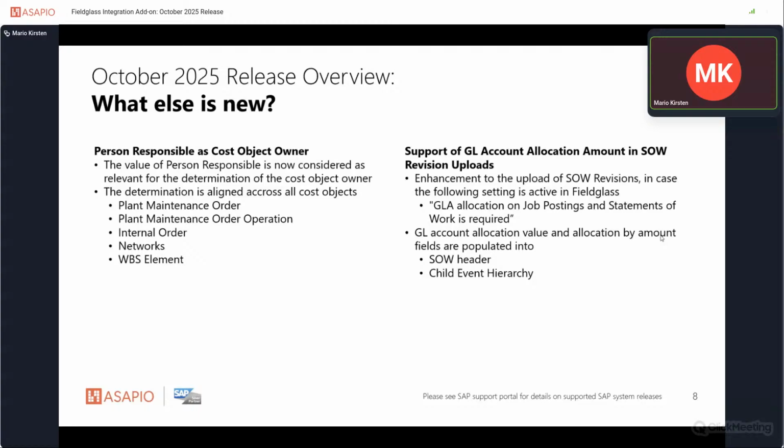It means that you have to distribute the general ledger account value by value or by amount, not only on a header level, but additionally also on the child event hierarchy level. If you have that configured in your Fieldglass tenant, there is now also a configuration available in the add-on, so that the add-on knows I have that setting and have to populate the values in that XML for the SOW revision upload in a very specific case.